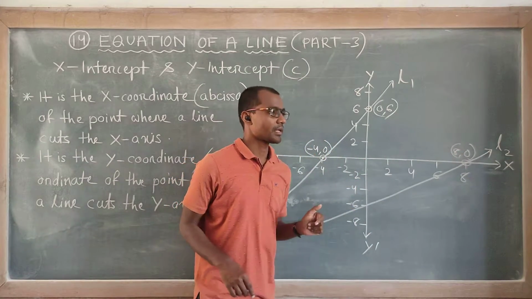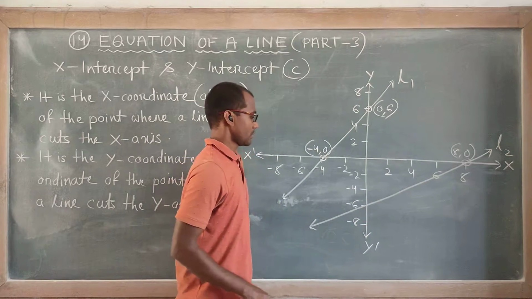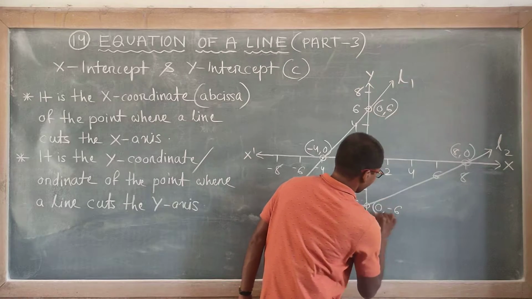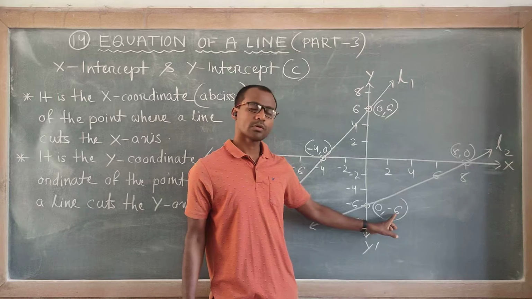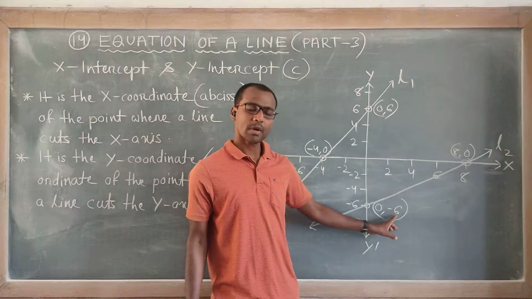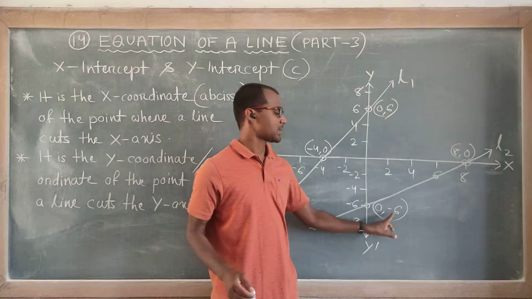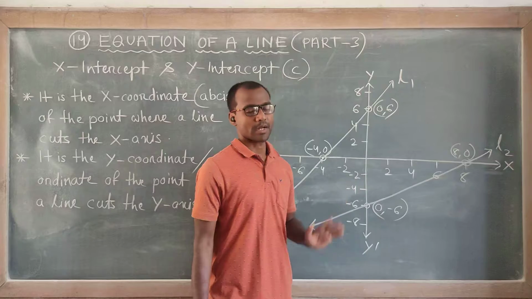Then the same line is intersecting the y-axis at this point. Its coordinates are 0, -6. The y coordinate of this point is -6. So the y-intercept of this line is -6. X-intercept is +8. Y-intercept is -6.